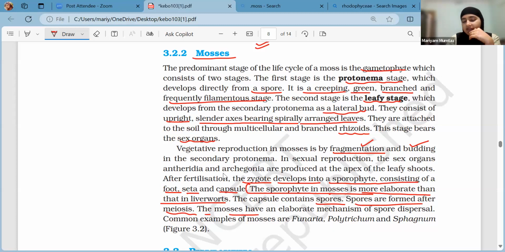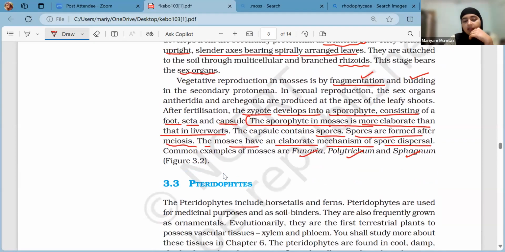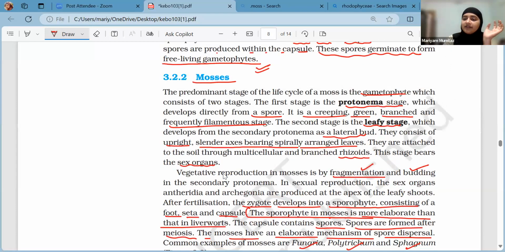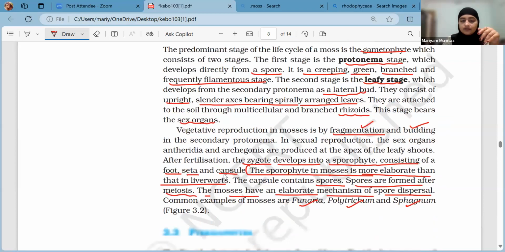The mosses have an elaborate mechanism of spore dispersal. Some examples of mosses are Funaria, Polytrichum, Sphagnum, the peat moss. So, bryophytes is clear. Liverworts and mosses, both sections are clear to you. Any doubts?